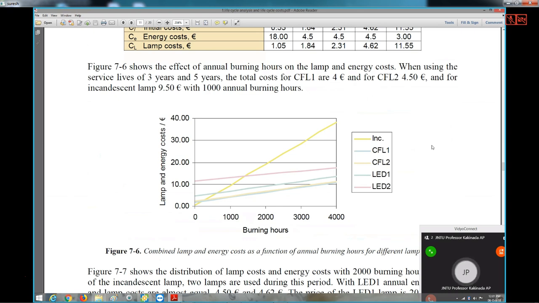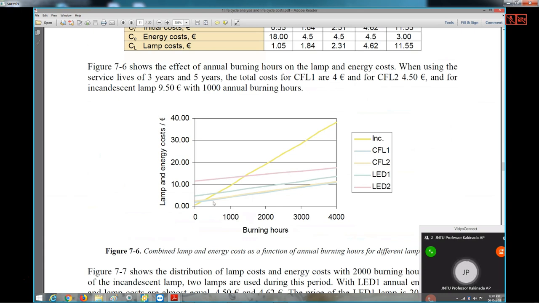linearly. Whereas the CFL lamp 1 and CFL lamp 2 categories vary slightly in their lamp and energy costs as burning hours increase. Then LED lamp 1 energy consumption cost is shown here, and LED lamp 2 has lamp and energy cost starting above 10 pounds, and it is going to increase linearly like this.